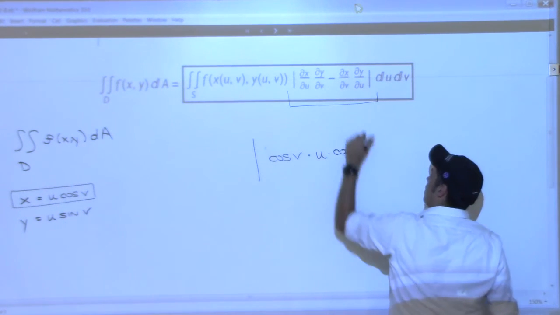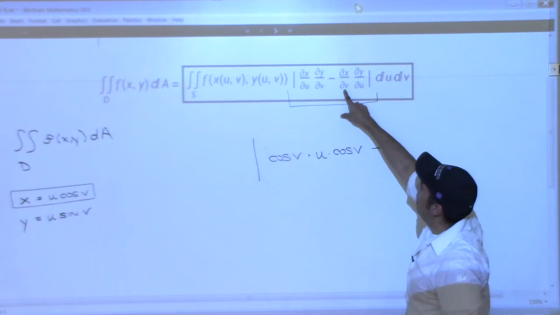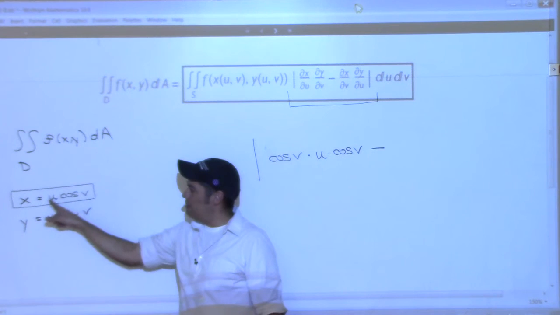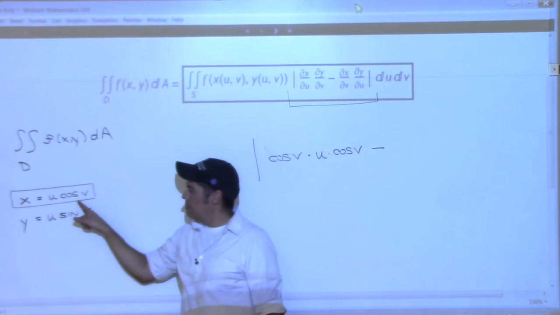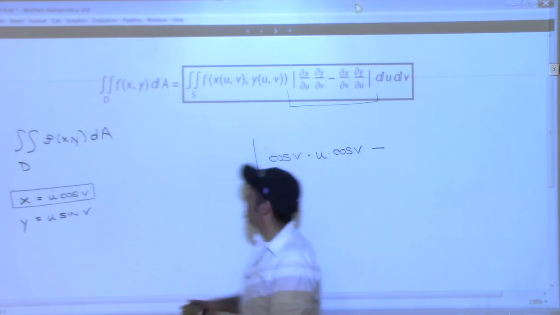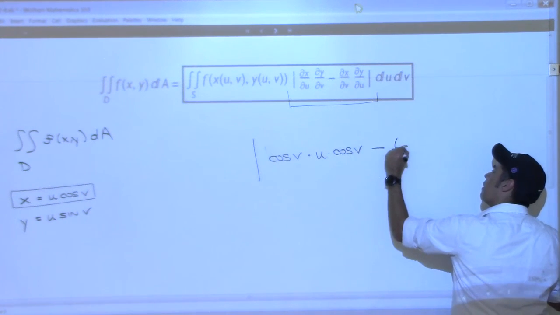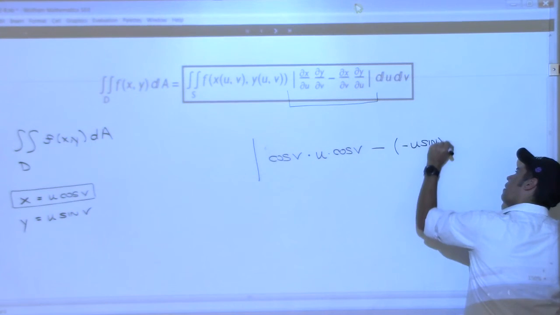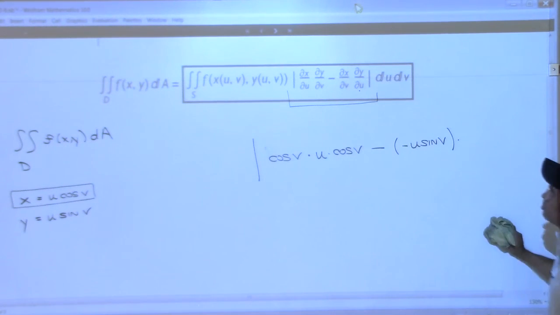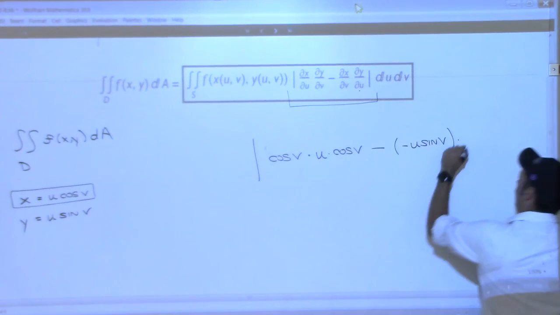And then we have minus, now the partial of x with respect to v. A negative will come out this time, u sine v. So negative u sine v. And then times now this piece, the partial of y with respect to u. Just sine v.